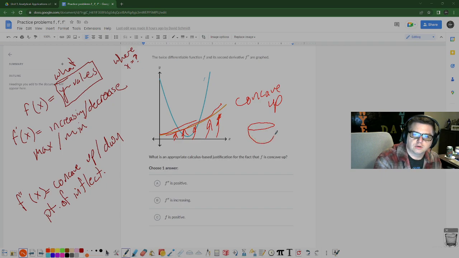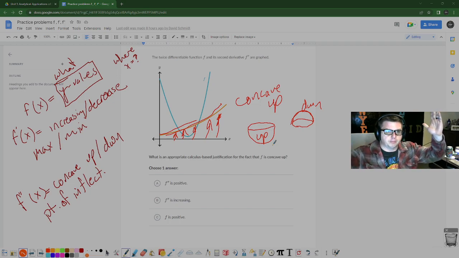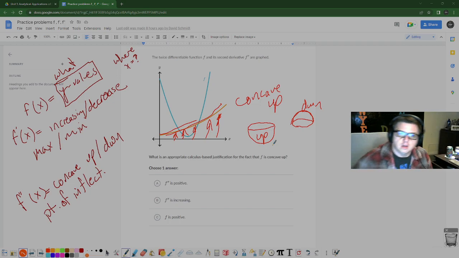Is the bowl of cereal opening up, or is the bowl of cereal opening down? This is down, this is up. So if you're not dumping cereal all over the ground, excuse me, then that's concave up. But if you are, that's concave down. So the fact that all of this is above the x-axis tells us that this graph is all a bowl opening up.